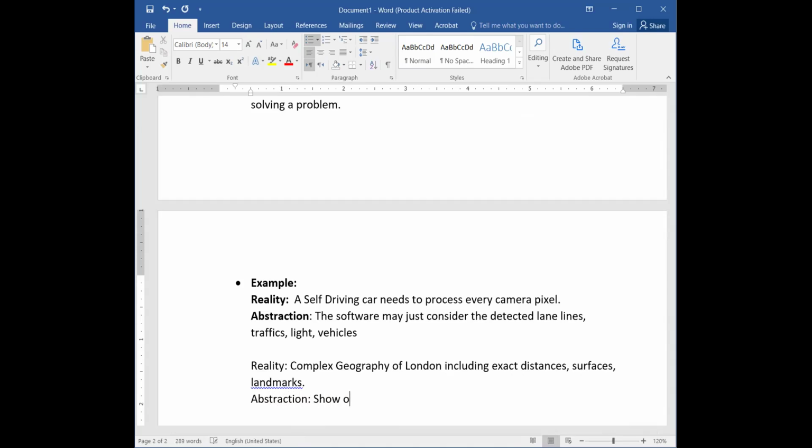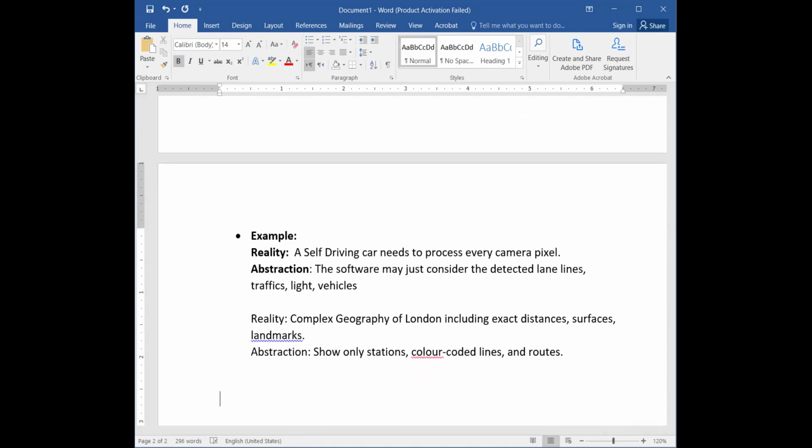Okay. Is that fine? Yes, but let me show you some more examples. Can you see the other example which I have done here? Yeah. Does this make sense?